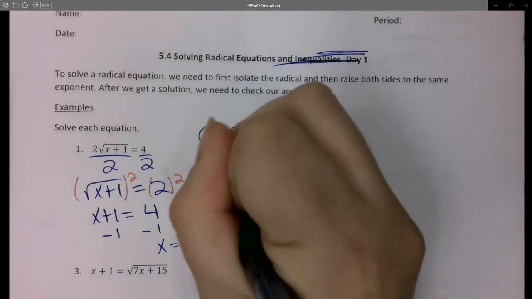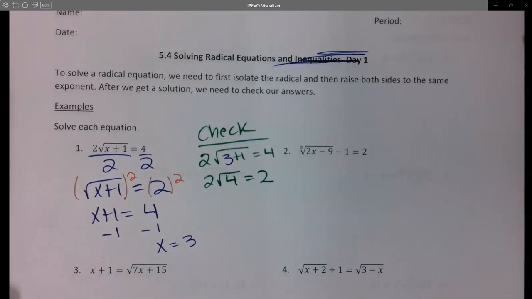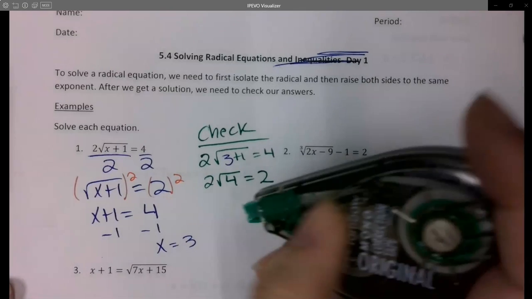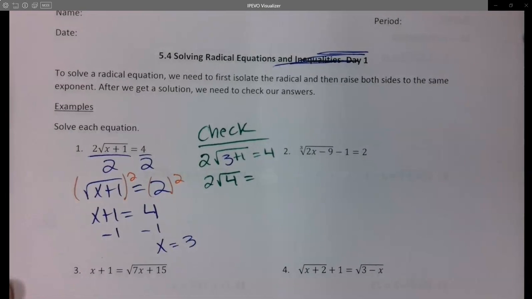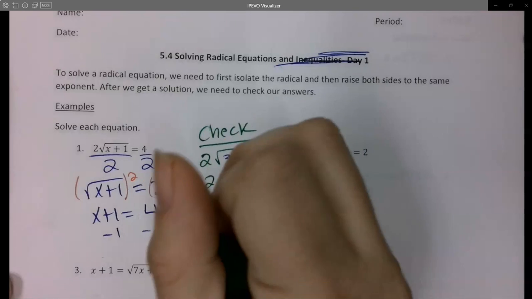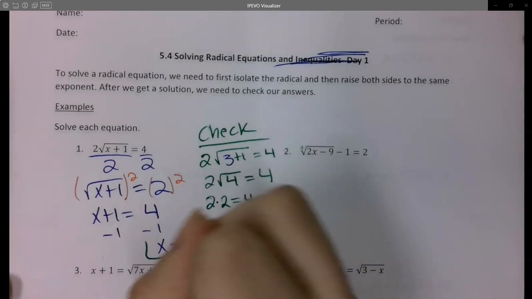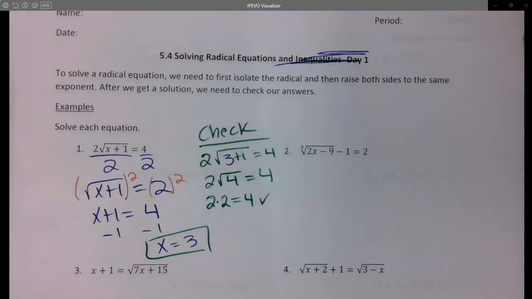Three plus 1 is 4. Then the square root of 4 is 2, so I have 2 times 2 equals 4. That's true, so 3 is an answer.